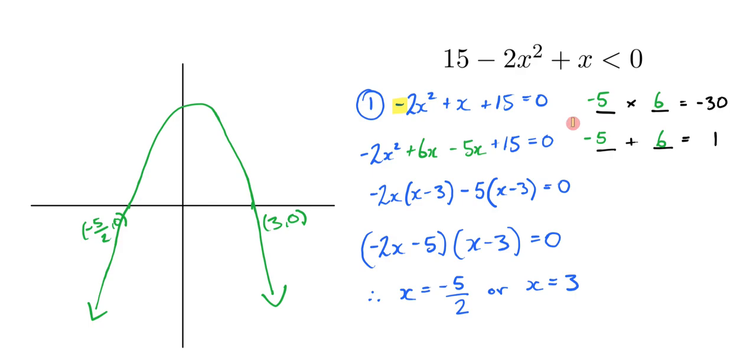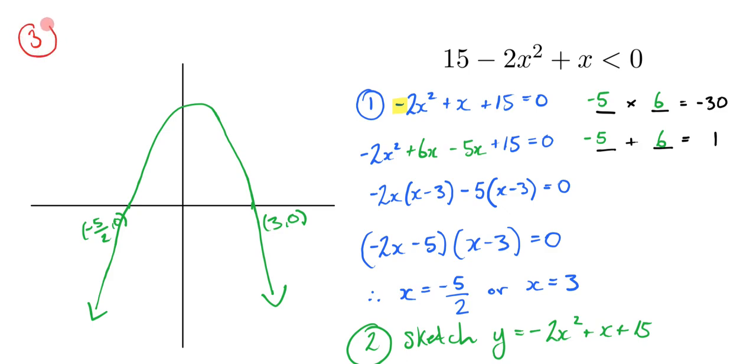And now I'm going to ask myself the question, and this was step number 2, I totally skipped that, wasn't it? Step number 2 is sketching y equals negative 2x squared plus x plus 15. Then my third step is determining my x values. So I know that I'm looking for things that are going to be less than 0. So I'm looking here and I'm looking here.